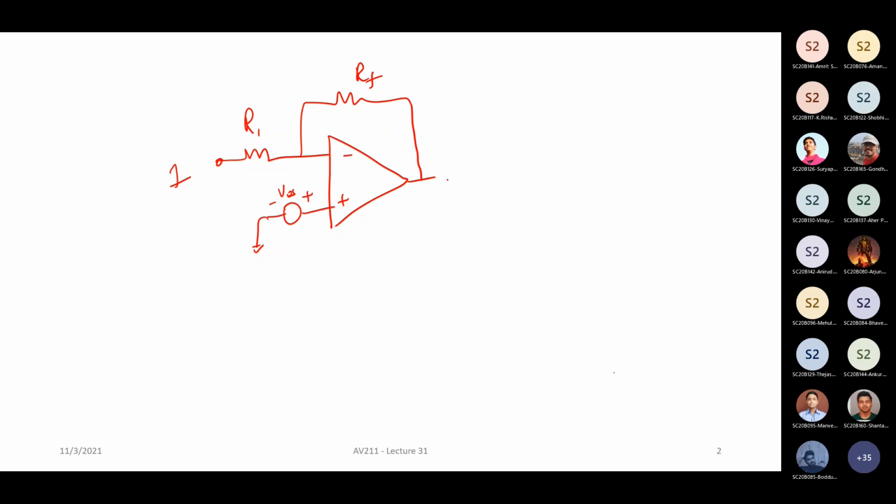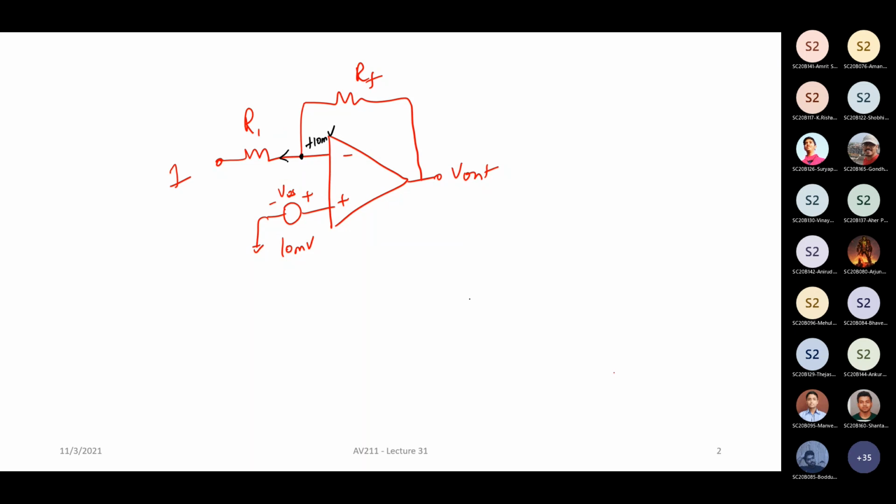Okay. So always when you have a negative feedback system, and given that the op amp is ideal in every other way, you just blindly go and use the virtual short concept. That is how you solve op amp based questions. So how much did I give? 10 millivolt, is it? Yes, sir. Something like that. So this also becomes plus 10 millivolt.